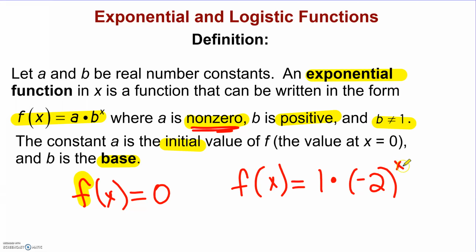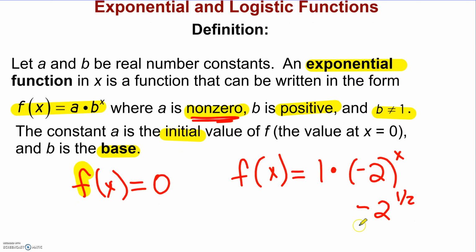There are so many values for x that would not be in the domain of this function. Because, for example, if I tried to raise negative 2 to the 1/2 power, well, raising to the 1/2 is the same thing as taking the square root. So I would be taking the square root of negative 2, which would be imaginary. And so we don't want any imaginaries in our outputs.